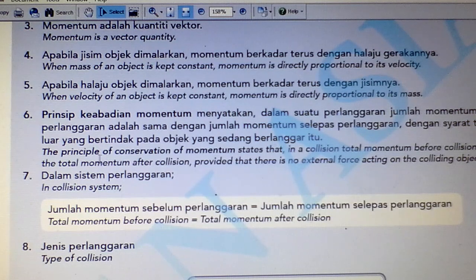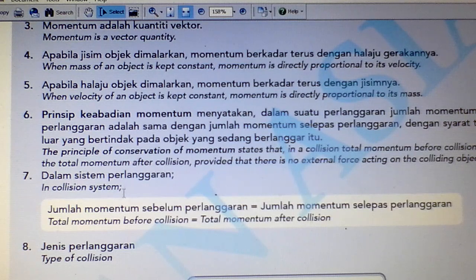Number 6, the related principle, which is very important, the principle of conservation of momentum, which states that in a collision, total momentum before collision is equal to total momentum after collision, or we can say total momentum is conserved, provided that there is no external force acting on the colliding objects. 7.